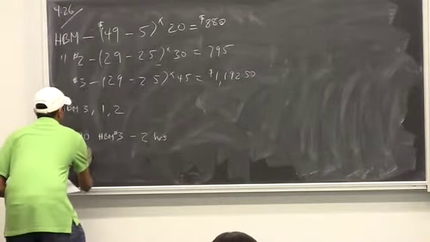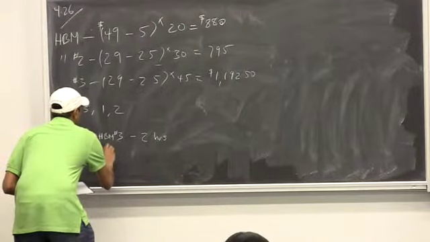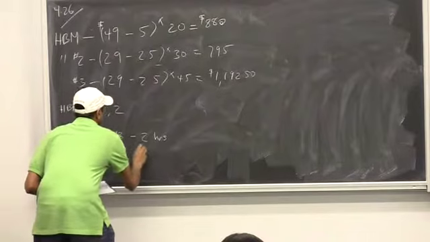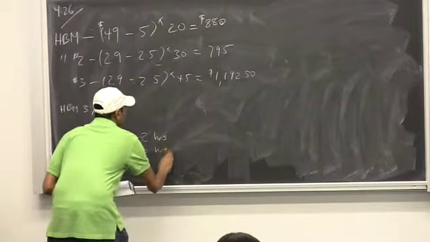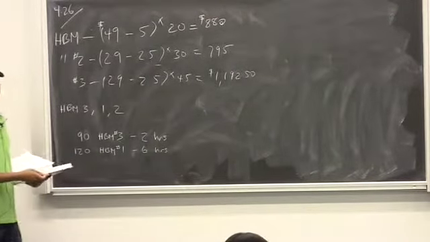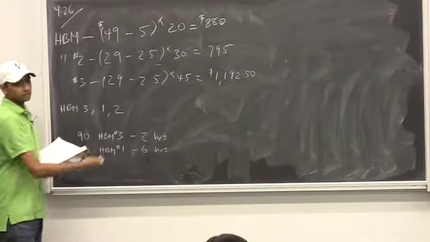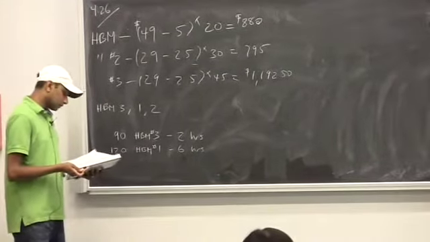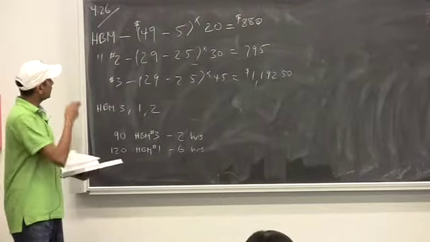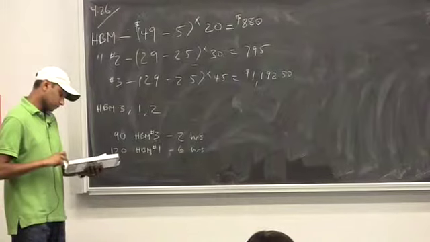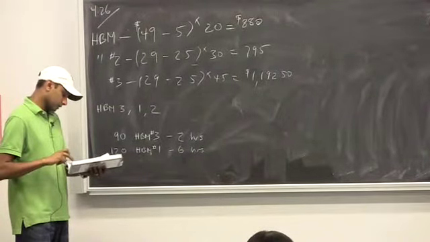So do 120 HBM1, you get 6 hours. In this case, Emily's already worked as much as she can, right? Her work day is 8 hours, so she doesn't have time to produce HBM2.